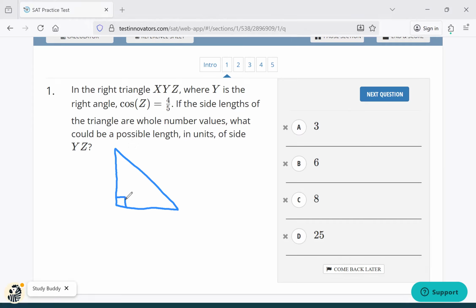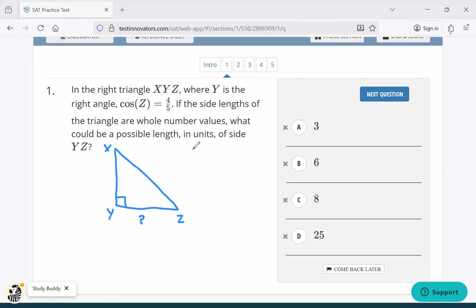They specifically said that Y is the right angle, so you could put Y here, and then this is going to be X, and this could be Z. They want to know the possible length of YZ, so they want to know this length.